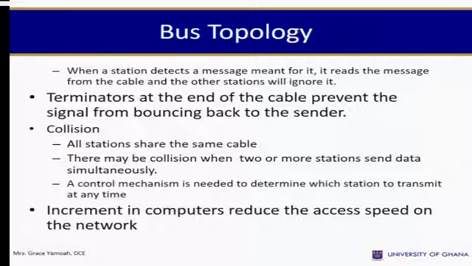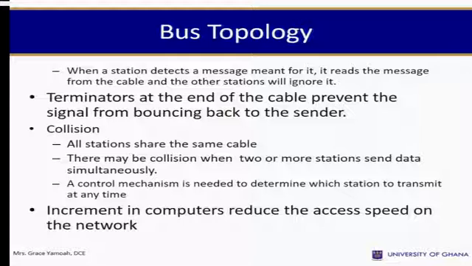When a station detects a message meant for it, it reads the message from the cable and the other stations will ignore it. Terminators at the end of the cable prevent the signal from bouncing back to the sender. Collision: all stations share the same cable, so there may be collision when two or more stations send data simultaneously.